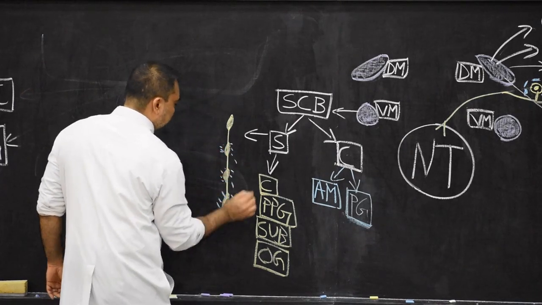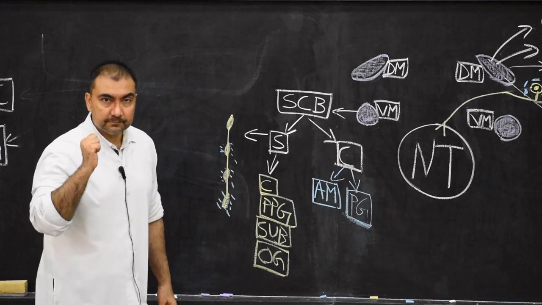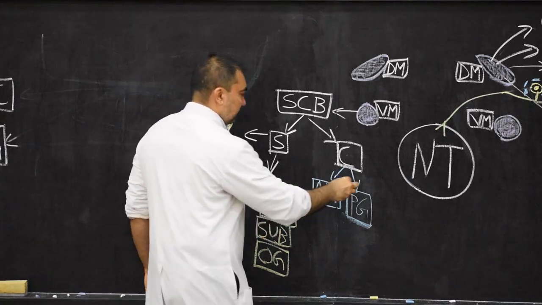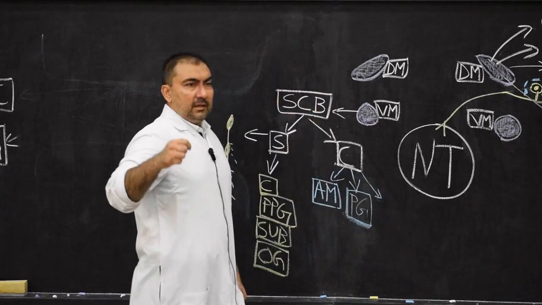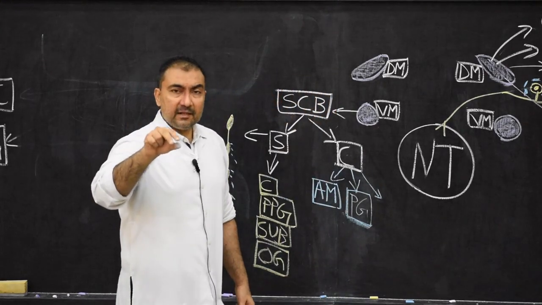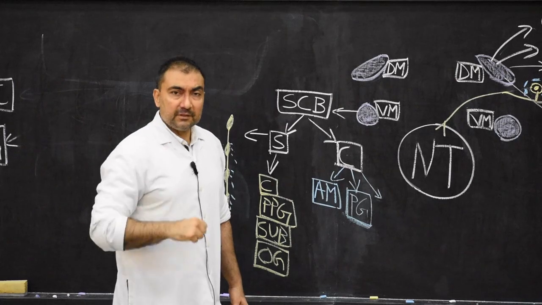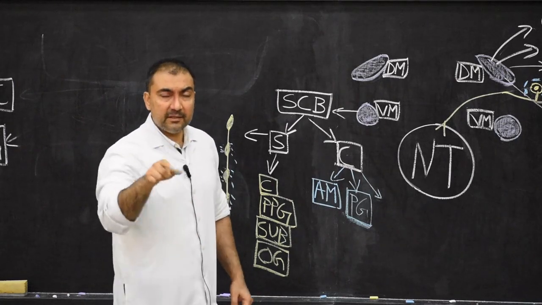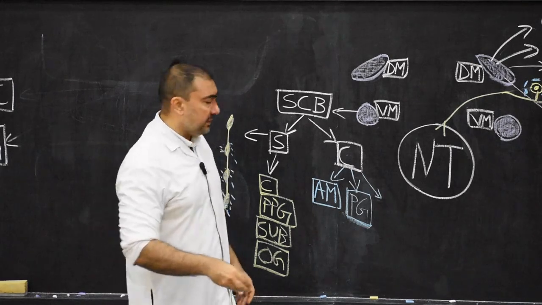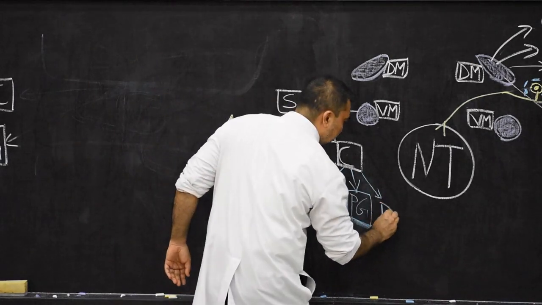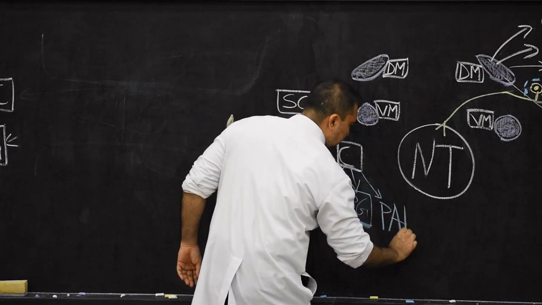Third structure, very important: the origin of the inferior mesenteric artery is from the ventral surface of the abdominal aorta. Surrounding the inferior mesenteric artery, there will be a U-shaped collection which will be known as the para-aortic body.